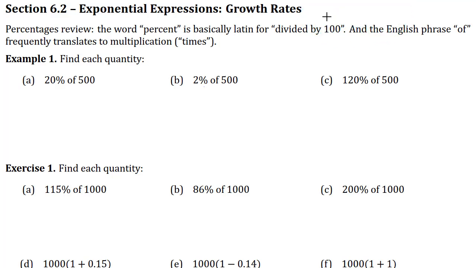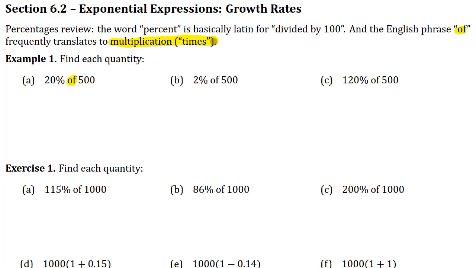And the English word "of" frequently translates to multiplication, or times. So when we say 20% of 500, we're talking about 20% times 500.